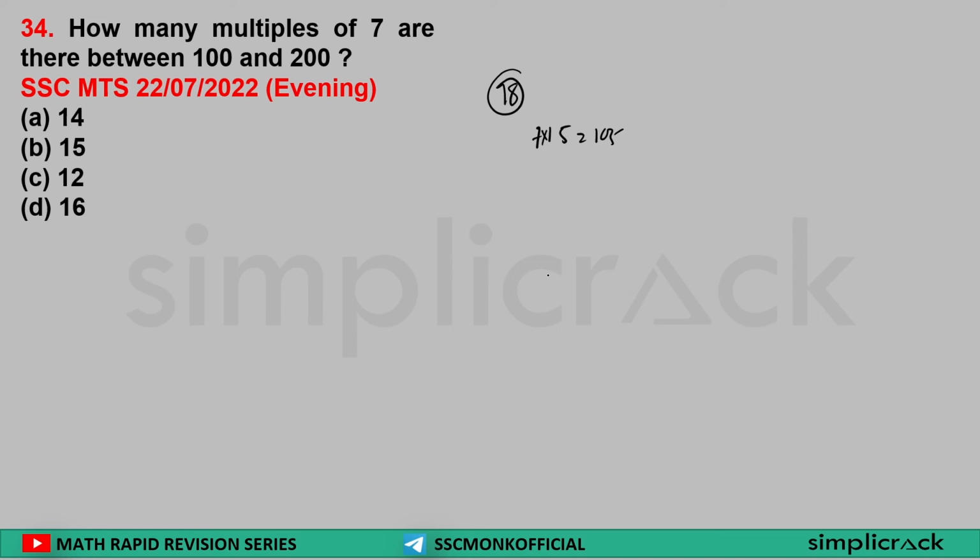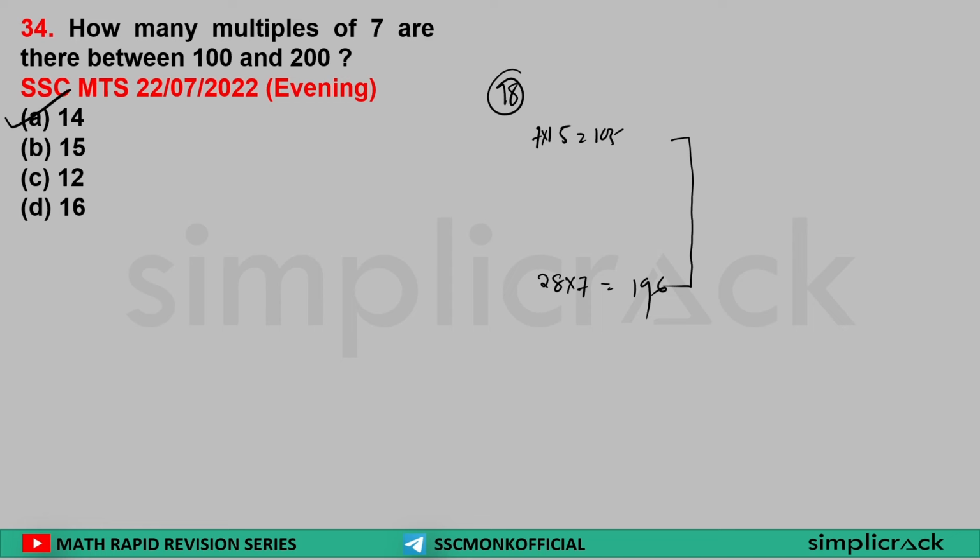Sir, this will go on till what? 7 into 28, 196, because 196 plus 7 will be 203. So how many numbers are there in between 100 and 200? Only 14, because it started with 15 and ended at 28. So how many numbers are there? 14. Clear? Sorted? Yes or no?